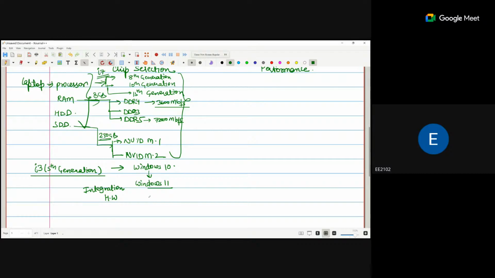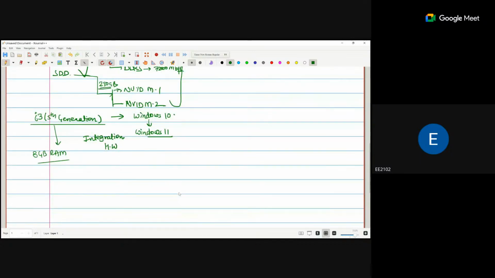Like for example, in i3 fifth generation, you can't go beyond 8 GB RAM. If you want 16 GB RAM, either you have to increase the generation or you have to increase the processor. So every processor has a limitation. Like previously, 5 to 6 years before, core 2 duo processors supported maximum 4 GB RAM.